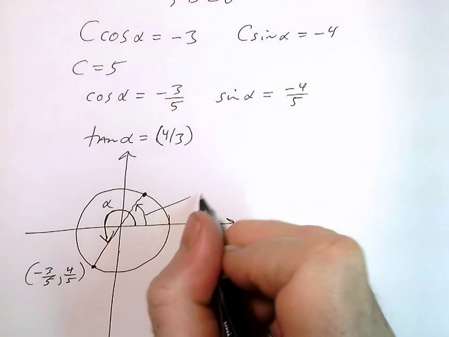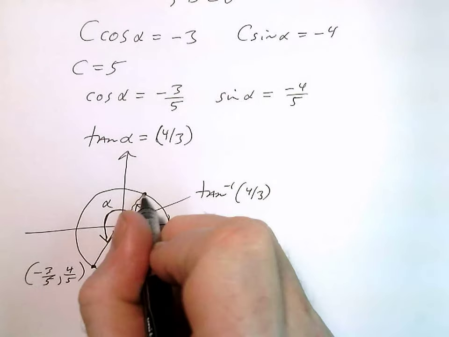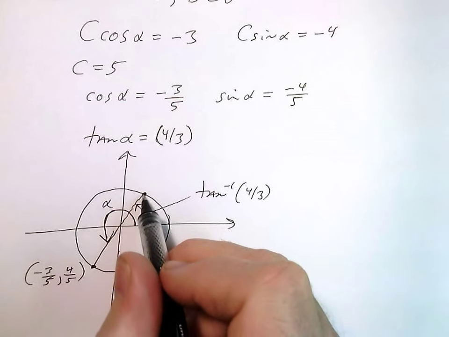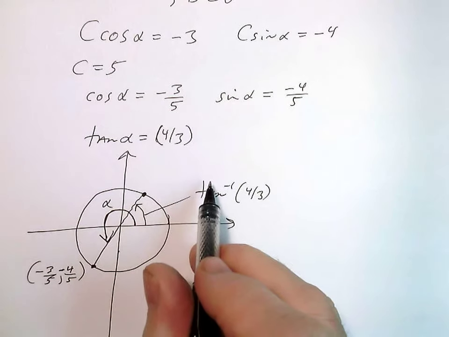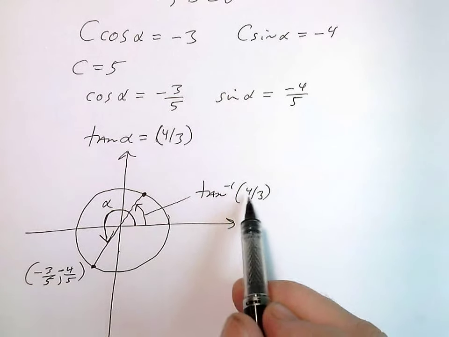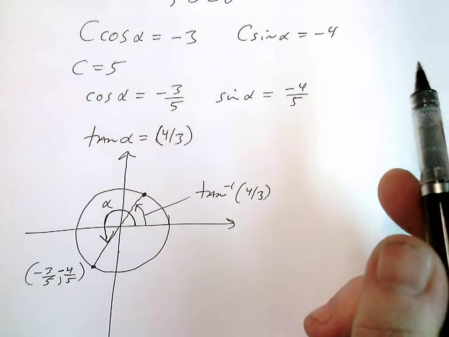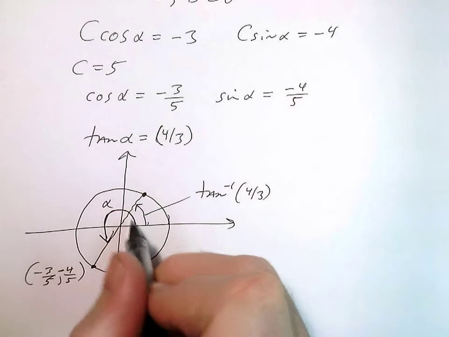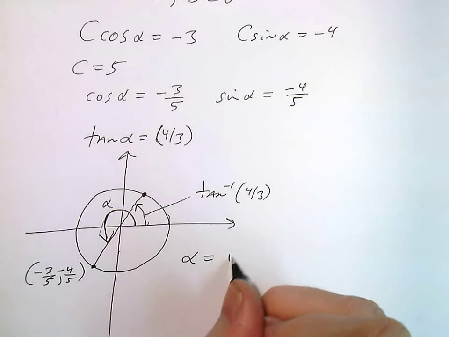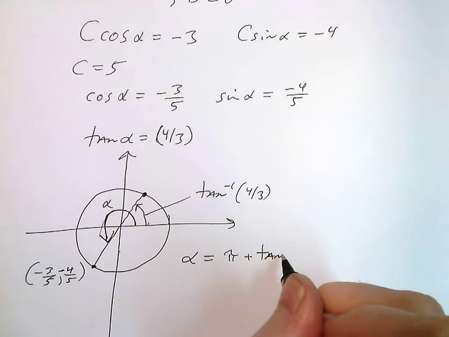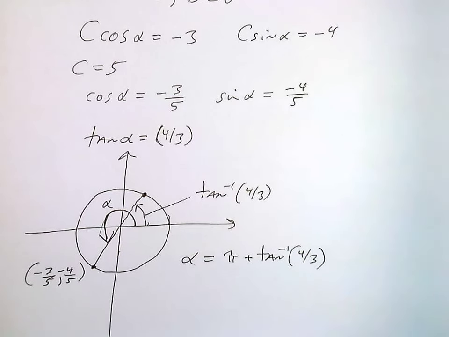So this is my arctangent of 4/3, right? It gives me a positive 3/5 and a positive 4/5. So arctangent here for alpha isn't going to work. It's going to give me positive answers, not these negative ones. So I'm going to take this arctangent, but then I have to go pi more. So again here, alpha is pi plus the arctangent of 4/3. So that's that case.